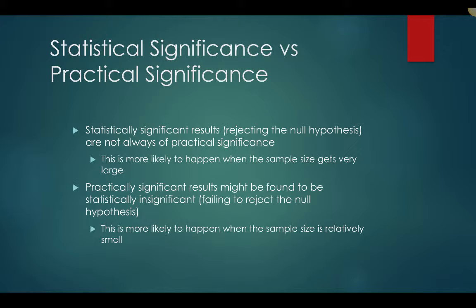This is more likely to happen when the sample size is relatively small. So sample size has a great deal to do with whether you have answered the question correctly. Sample size is how many people you're picking for your study. So it's very important that you're picking the right sample size, you're picking the right alpha, and you're running the correct test.